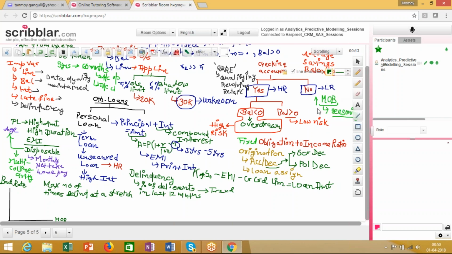It is generally seen that for the lower vintages, the bad rates gradually increase and then they flatten out at a point and then it starts falling.